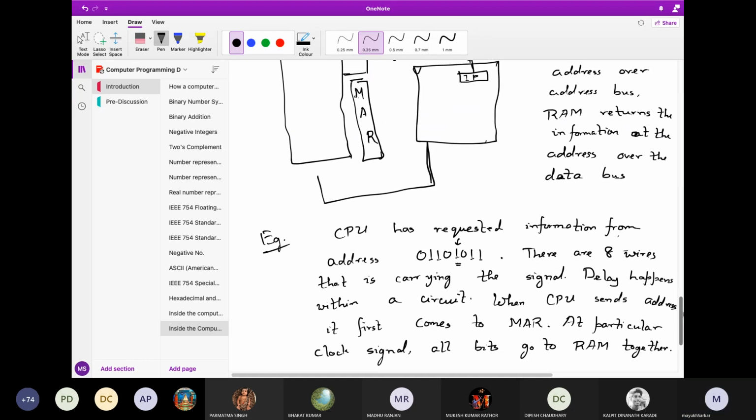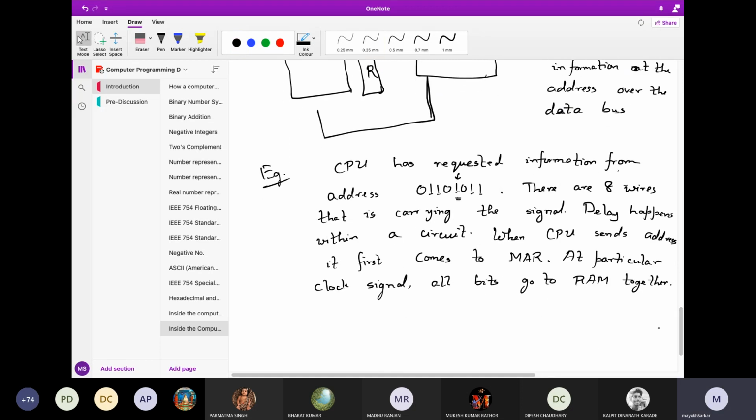So this is the importance of synchronization.